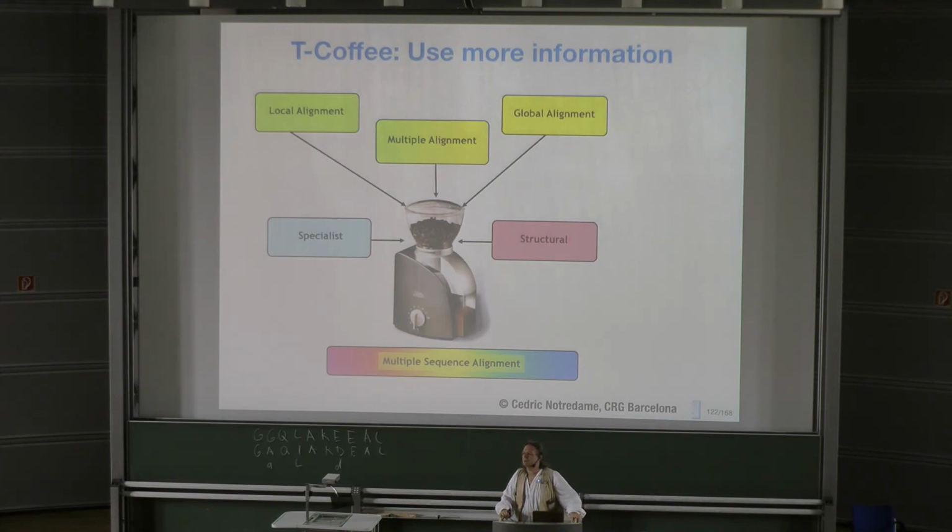What's the price you pay? Yes. So this is very, very, very, very CPU intensive. This is many orders of magnitude slower than Clustal, and Clustal already is many orders of magnitude slower than PSI-BLAST. So this is a surefire way to use the SuperMUC for one big family.